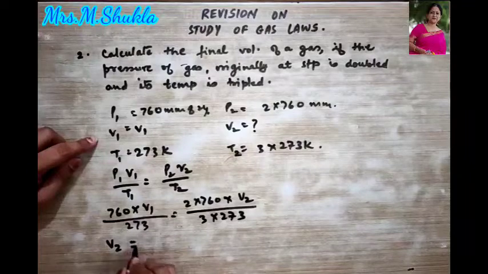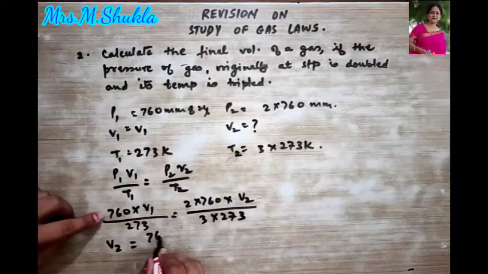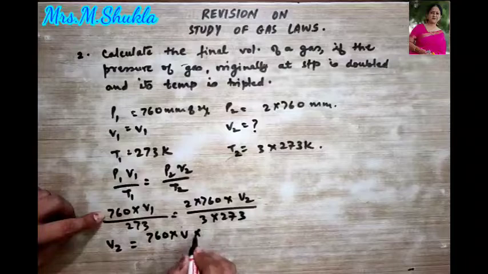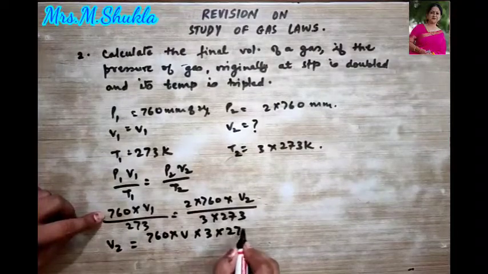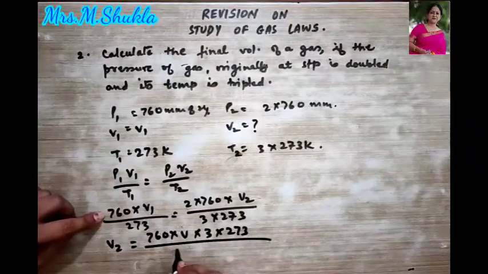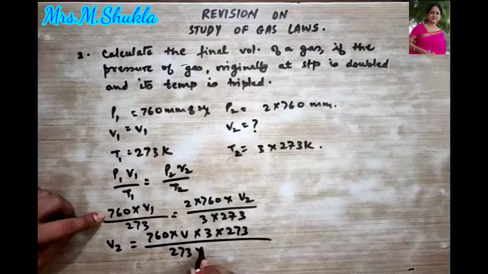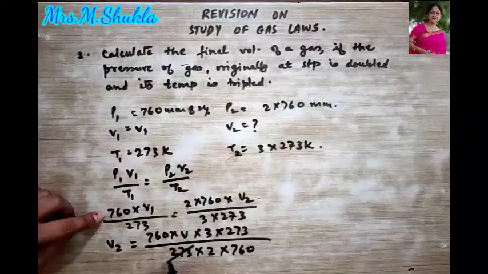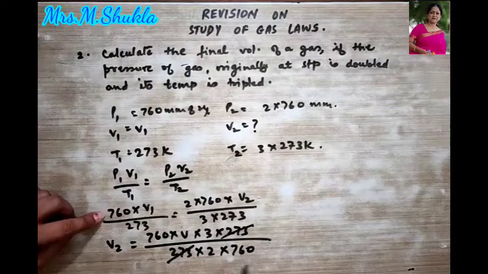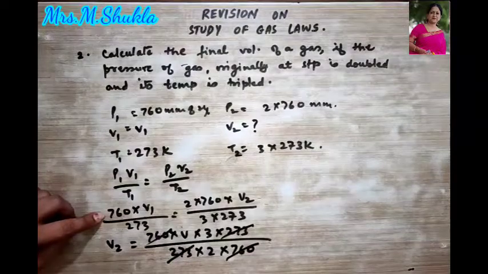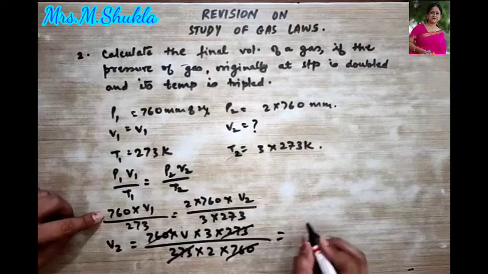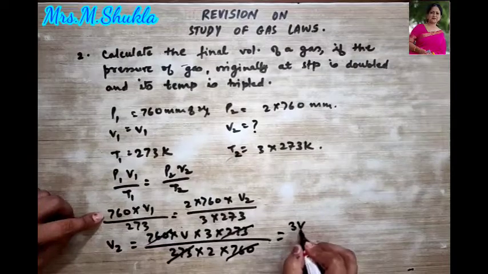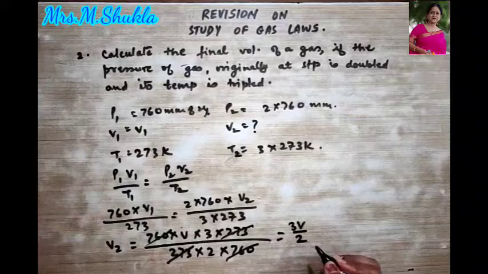So what is V2 equal to? V2 is equal to 760 into V into 3 into 273 upon 273 into 2 into 760. So 273 gets cancelled. 760 gets cancelled. So it comes out to be 3V upon 2.